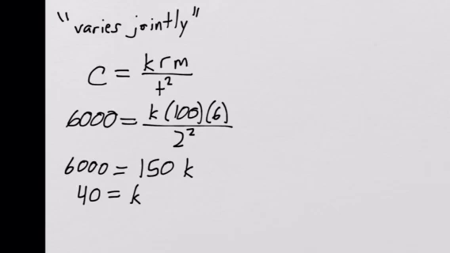Well, that tells me that the actual formula for centrifugal force is C is equal to 40 Rm over T squared. And now, to solve the problem for an 18-gram body moving in a circle with radius of 100 centimeters at a rate of 1 revolution per 3 seconds, I just need to plug my numbers in.